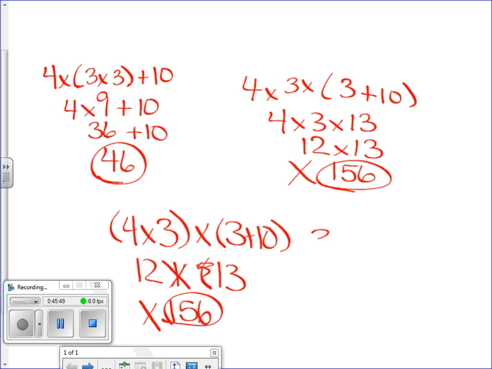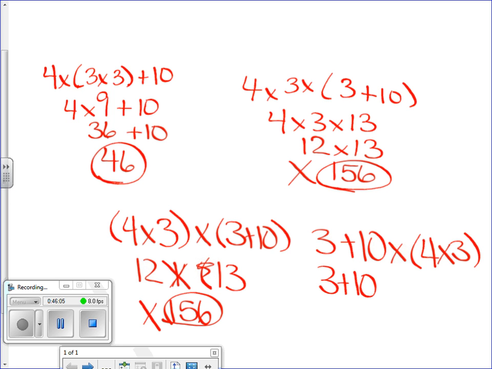And then 3 plus 10 times 4 times 3. You've got your parentheses that you do first. We're not computing stuff in our head. You assume you know what it is, but you have to do order of operations. 4 times 3, 12.